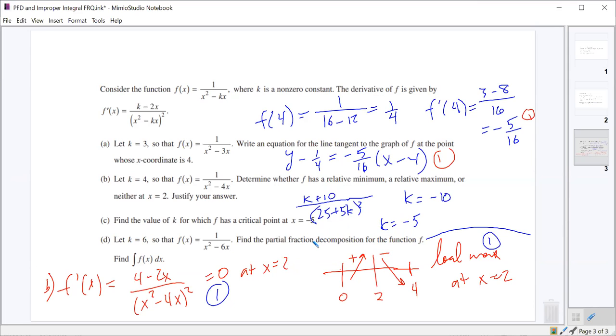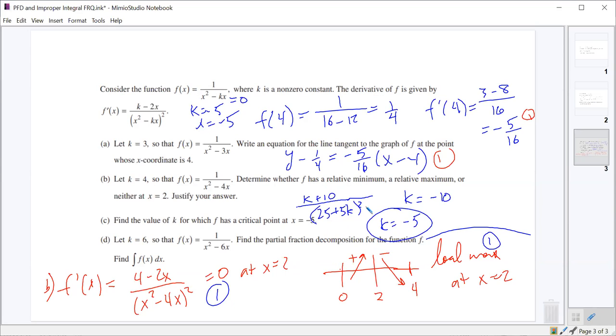But k equals negative 5 isn't going to make any sense, because if k equals negative 5 and x equals negative 5, then the denominator is equal to 0.